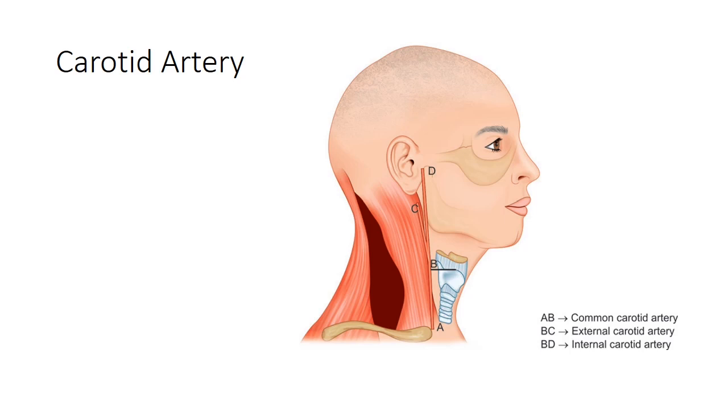And the compression is done against the anterior tubercle of the C6 cervical vertebra. So that is very important. And we also know in the cadavers we give the cannulation for embalming into this common carotid artery, right?